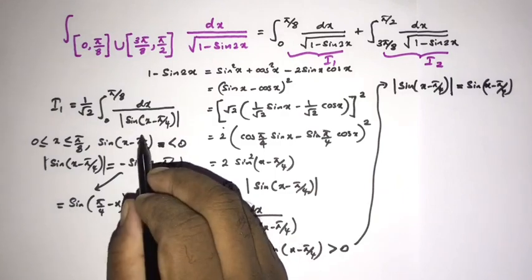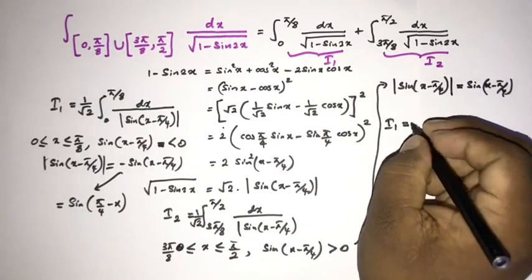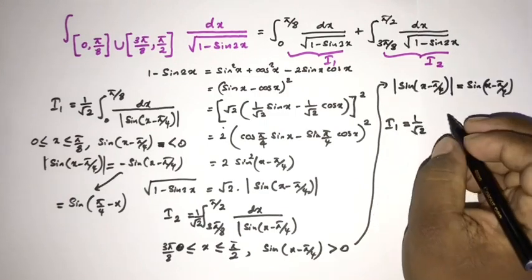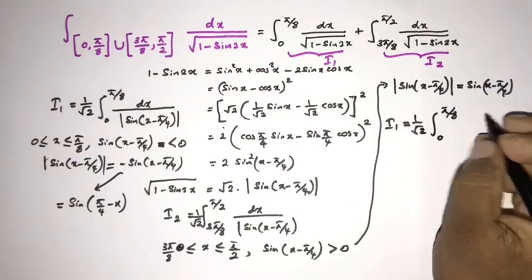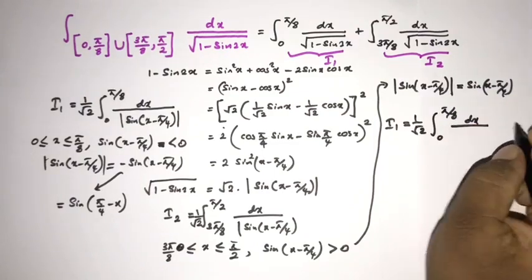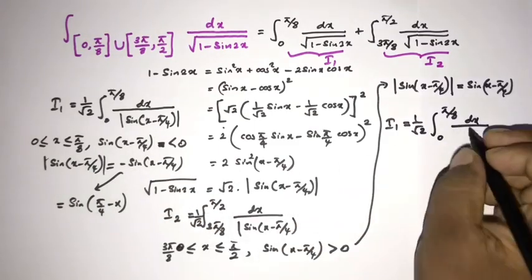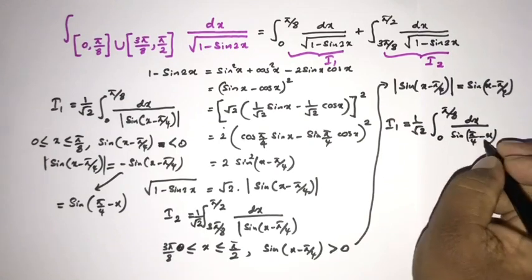Okay, let's consider I1. I1 is equal to 1 over the square root of 2 times the integral from 0 to 5π/8 of dx over sine of (π/4 minus x).